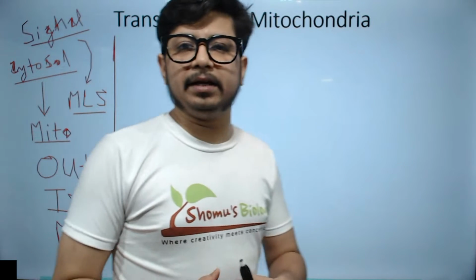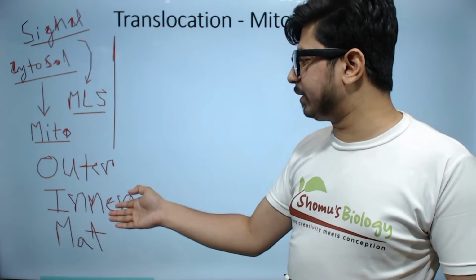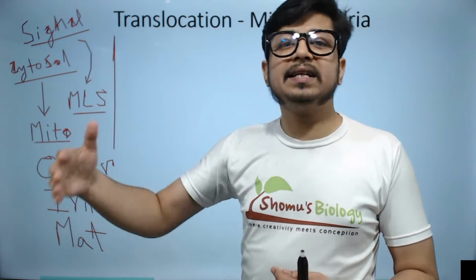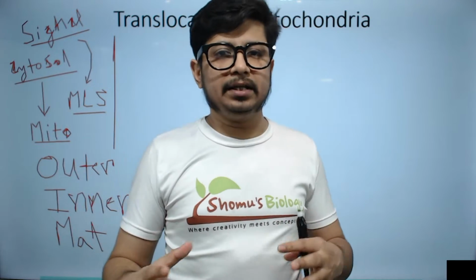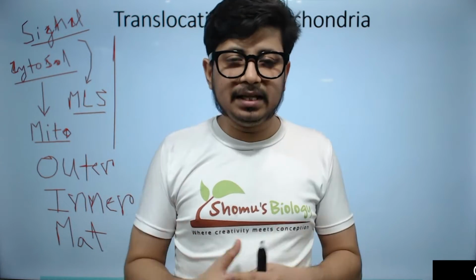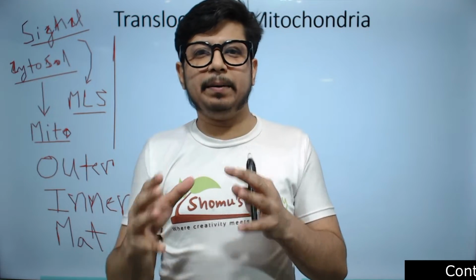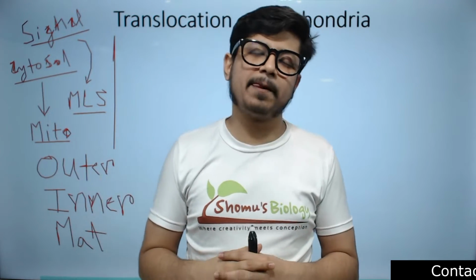So the protein can be delivered to any of these places, either the inner membrane or outer membrane of mitochondria or inside the mitochondrial matrix. In all these cases, the delivery is done through specific channel type proteins in the membrane of mitochondria.